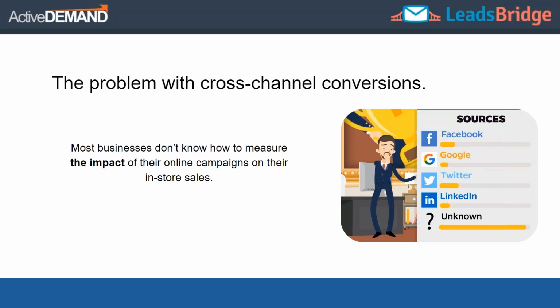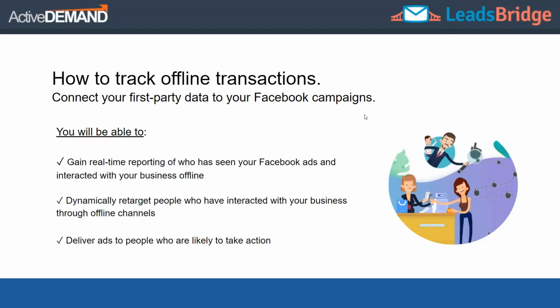Because if you generate online sales, it's quite easy because you only need to add a pixel on your website. But the problem is that most businesses don't know how to measure the impact of their online campaigns on their offline sales. Actually there is a tool that is called offline conversion tracking.